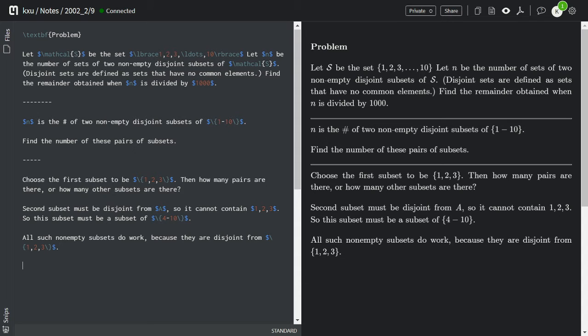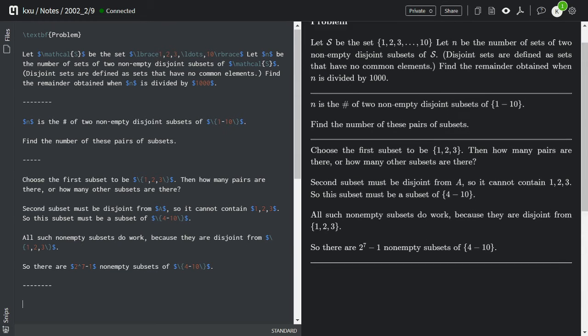And how many of these subsets are there? A non-empty subset of 4 through 10. Well, 4 through 10 contains 7 elements. So there are 2 to the 7, which is the number of subsets, minus 1 non-empty subsets of 4 through 10. So that's our answer, 127. And this is only for our first case, 1, 2, 3.